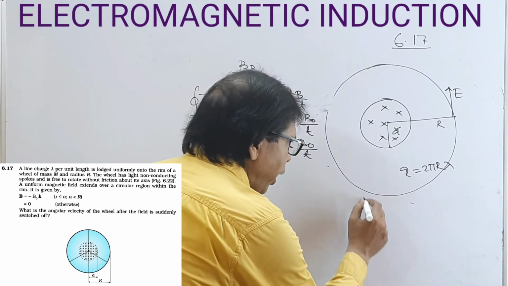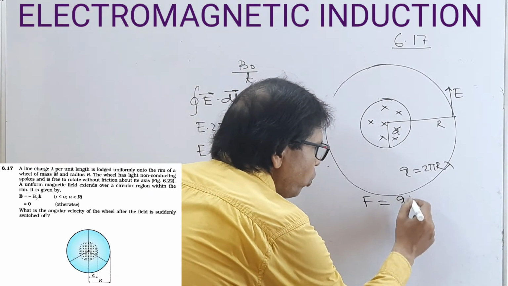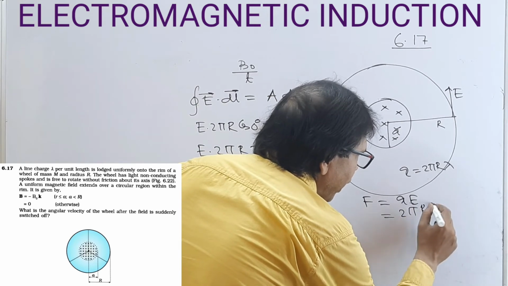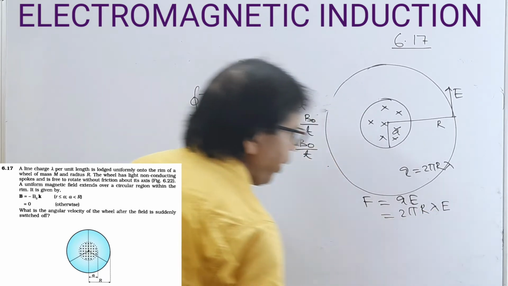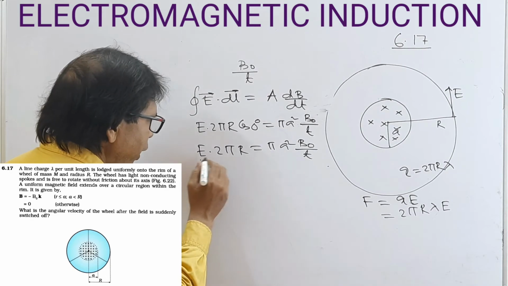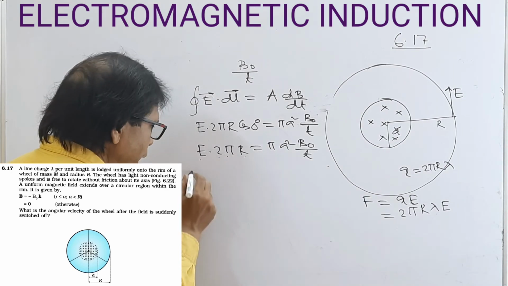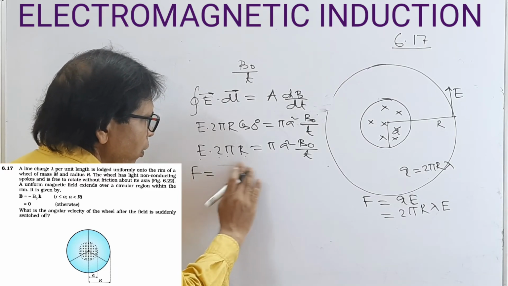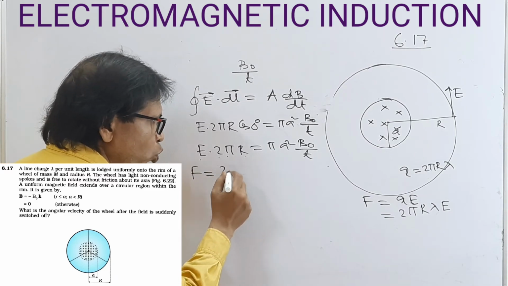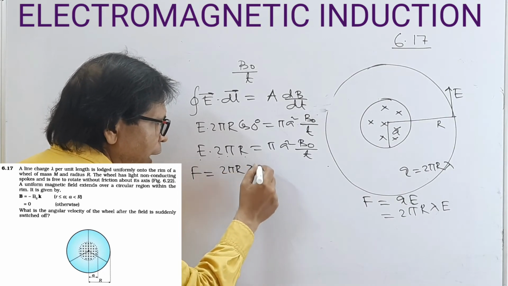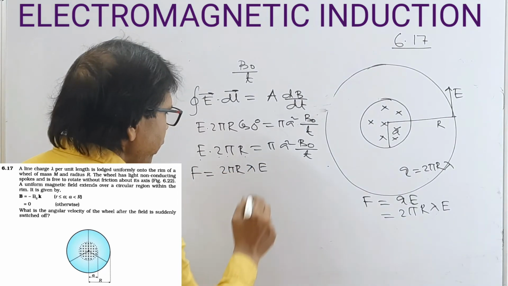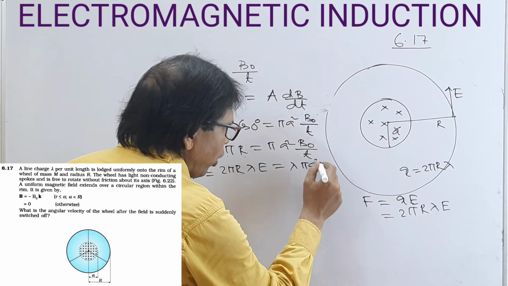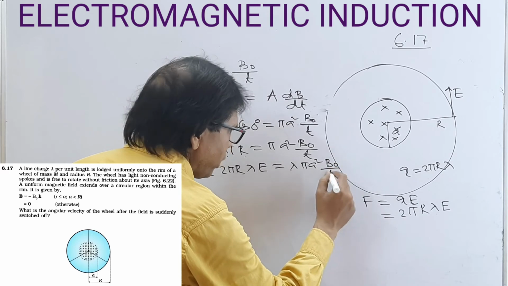So force F equals Q into E. Okay, so Q is 2 pi r lambda into E. Now look at this, here E into 2 pi r, so F equals 2 pi r lambda E, equal to lambda pi r square, this is the B0 by T.